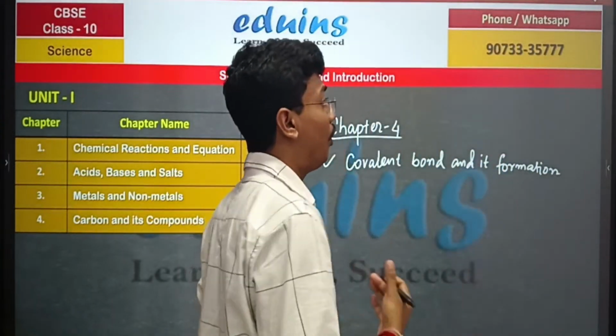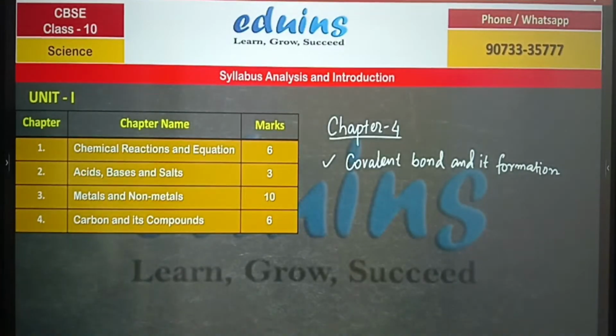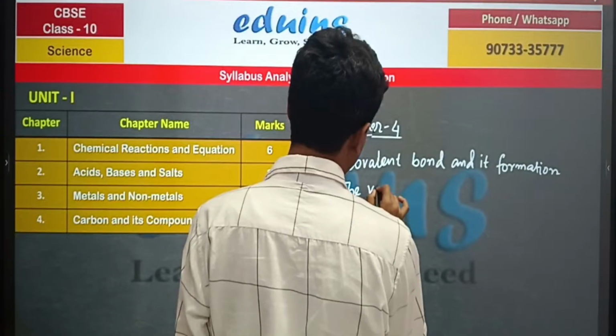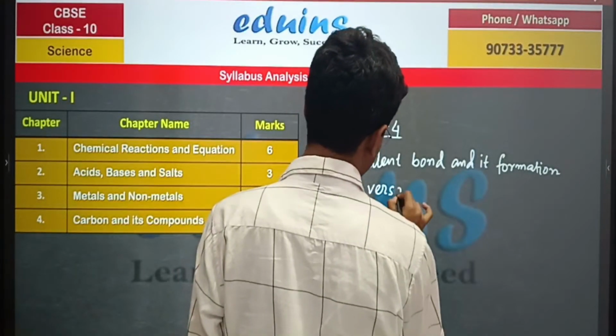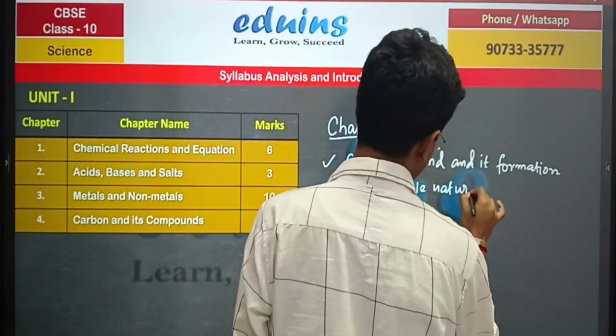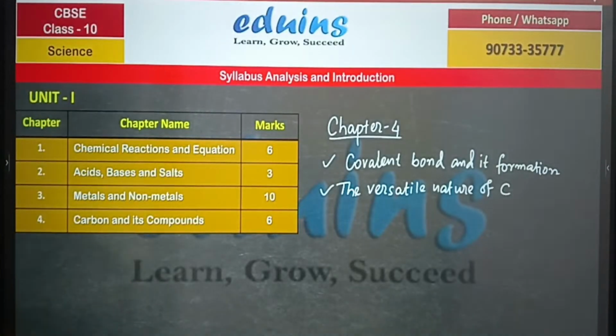How the covalent bond is formed. Okay, how the covalent bond is formed. Now came to the second topic, that is known as the versatile nature of carbon. Clear? The versatile nature of carbon.